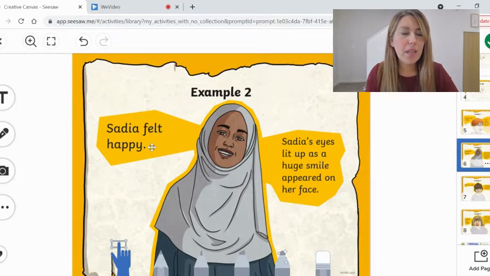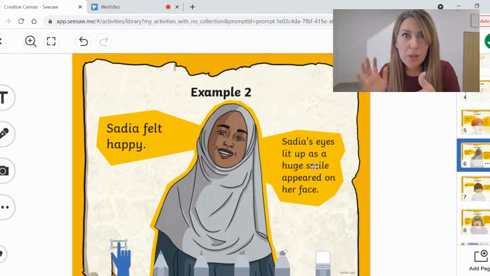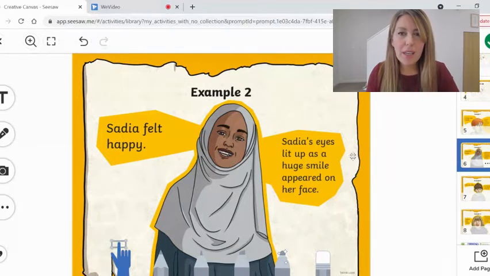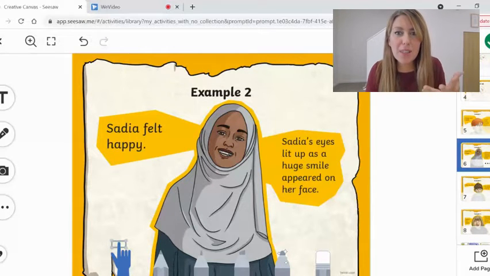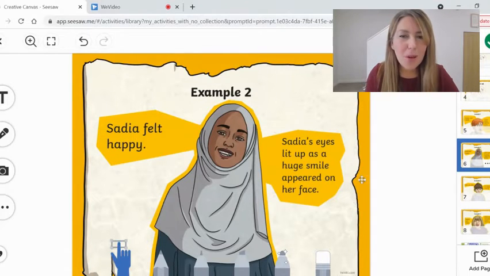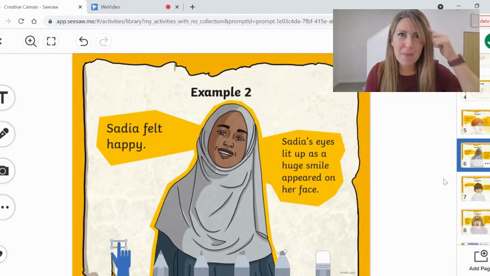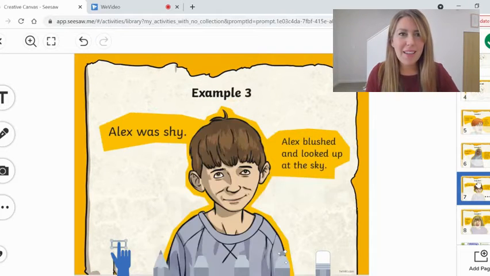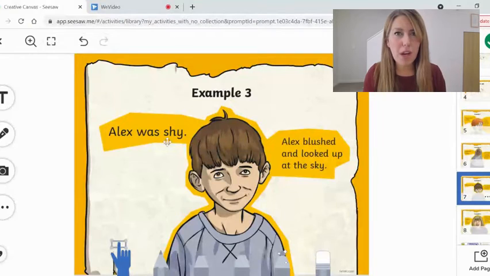Here's another one. You could just tell them Sadia felt happy, or you could show with your words, using words to paint a picture. Sadia's eyes lit up as a huge smile appeared on her face. It's showing the character's emotions using words. A lot more interesting to read and paints that vivid picture in the mind. Another example, telling would just be saying, Alex was shy. You're telling them he was shy.